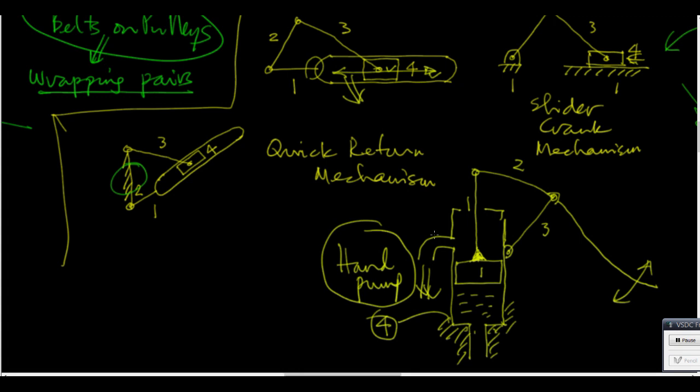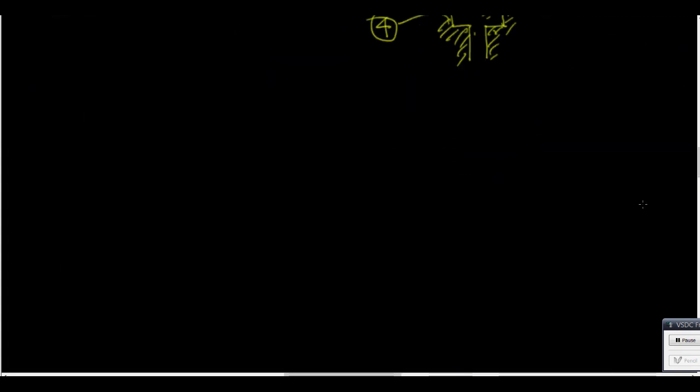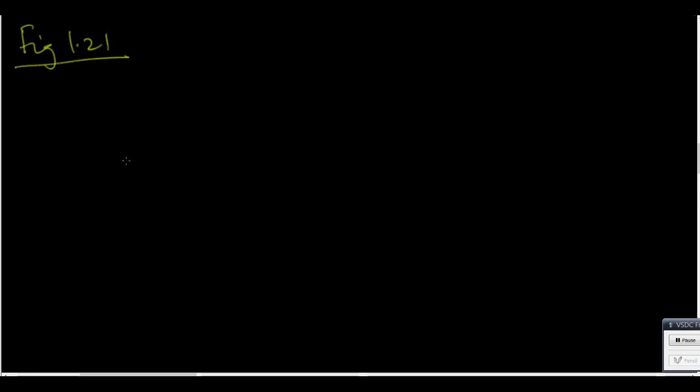Now let's do one final example of such a mechanism, of a different mechanism, and kinematic inversions. So here we have this mechanism, which is figure 1.21. So we have something like this.